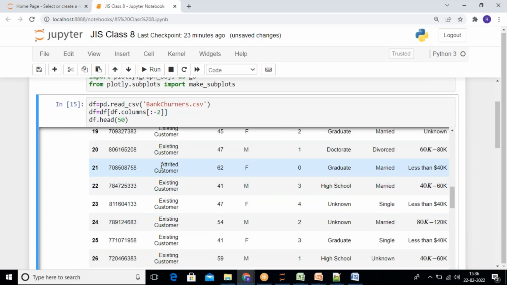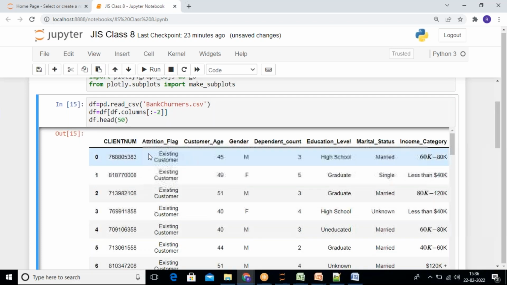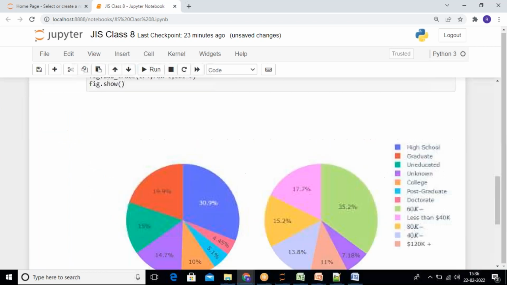Existing customer, attrited customer and existing customer. Can you see this? This is actually our target column. This attrition flag is our target column. Okay, got it? That's what I wanted to see.